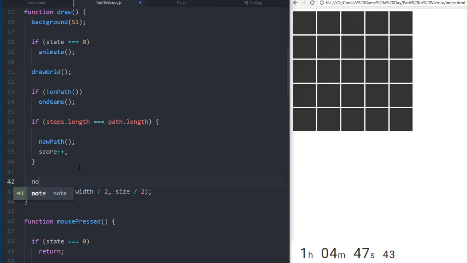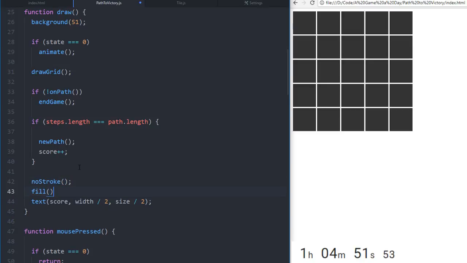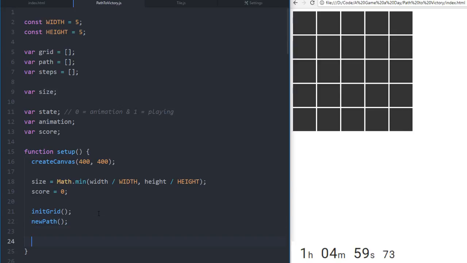So we say no stroke, fill. There are cop cars outside. This is odd. Let's see. So text align center, text size over 2.